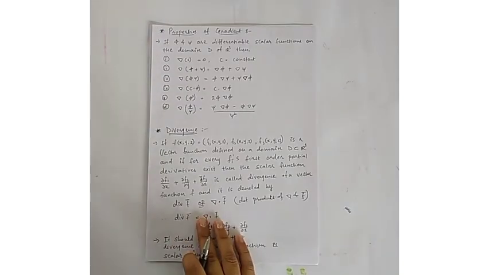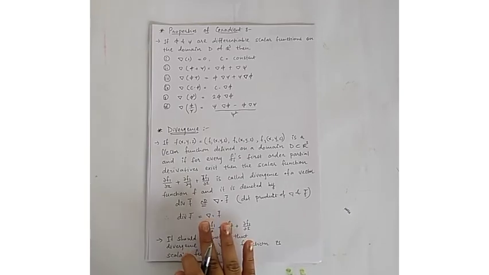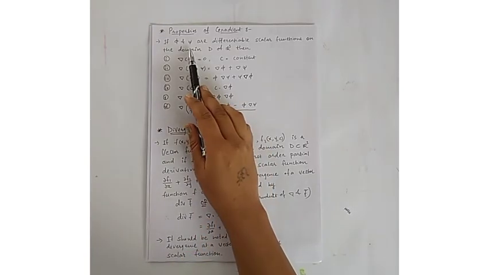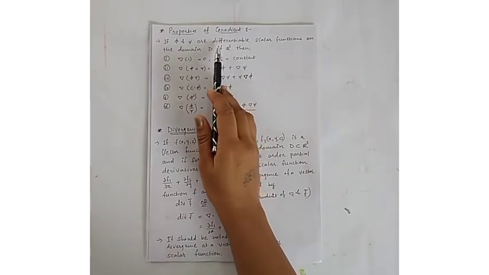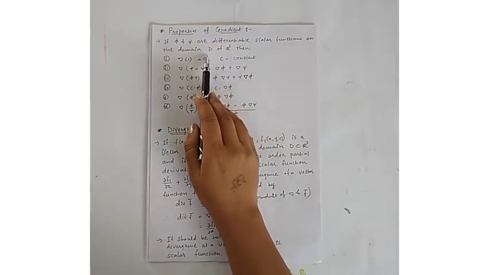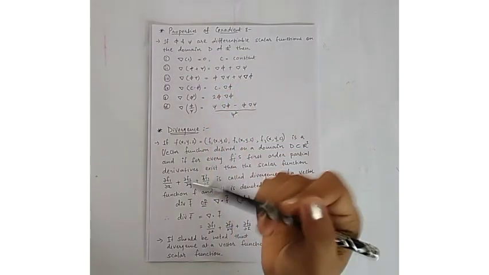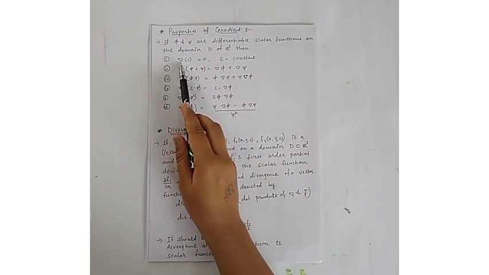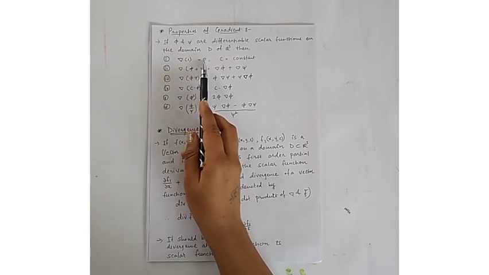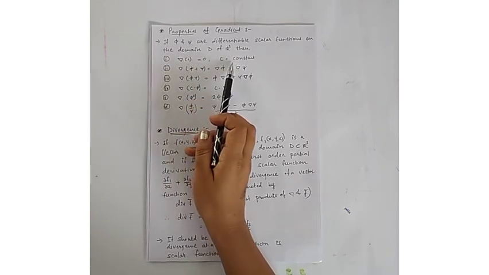So our next topic is properties of gradient. If I have functions phi and psi which are differentiable scalar functions on the domain D of R3, then the first property is gradient of C is 0, where C is constant.